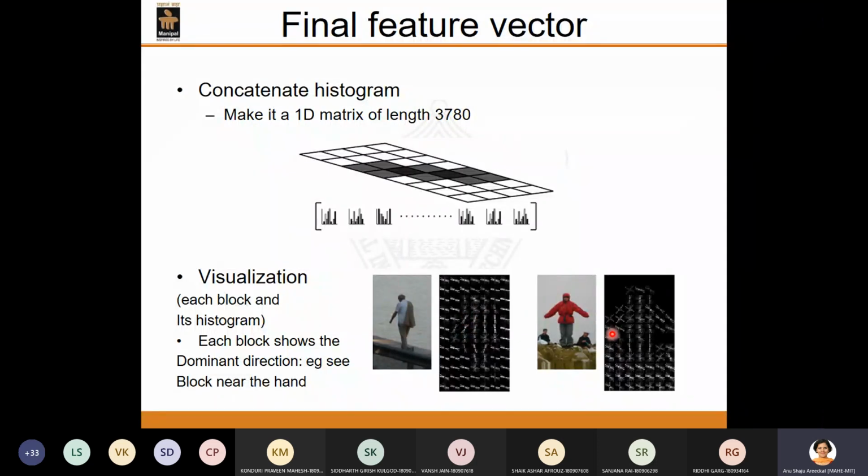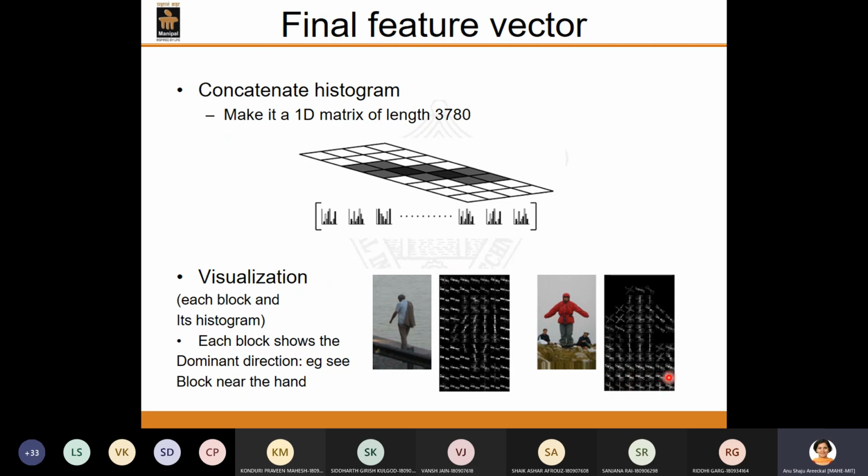Another example is here, where there is an image of a person standing with arms wide apart, and in the HOG image also you'll see the presence of these hands over here and the legs over here, whereas in the background region you see uniform orientations.